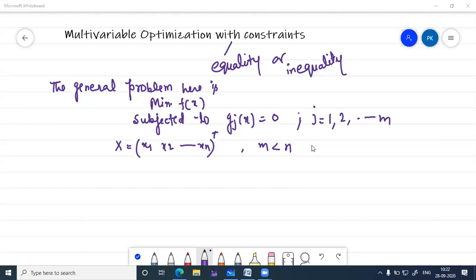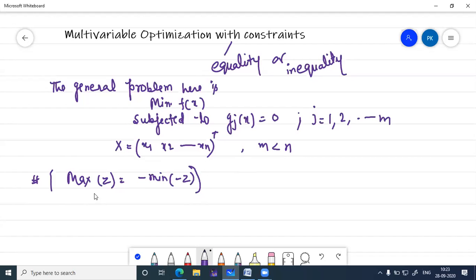Fine. So we have a general problem in which the objective function consists of a total of n variables and is subjected to a set of constraints which are equality constraints, and we have m constraints here and m is less than n. So the first thing is we have to convert this objective function, which is in minimization form, into the maximization form. To convert into maximization, first we multiply by minus. So it will be like maximize z is minimization of minus f.